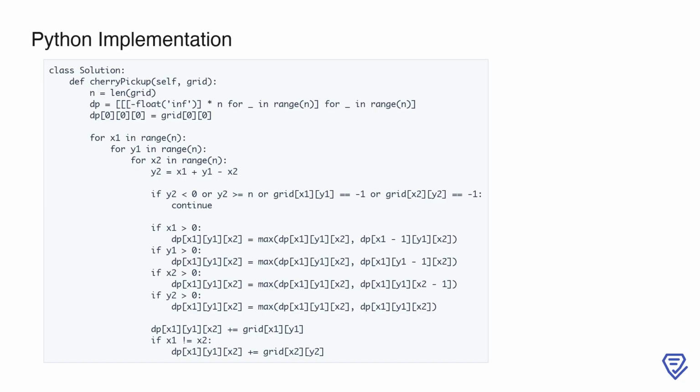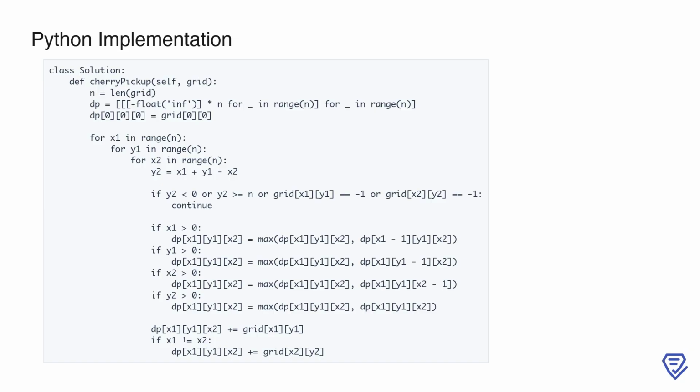Each cell in this table represents the maximum cherries collected when one person is at (x1, y1), and the other is at (x2, y2). The table is initially filled with negative infinity to signify unvisited or invalid states, except for the starting cell dp[0][0][0], which is set to grid[0][0], representing the cherries at the starting position.